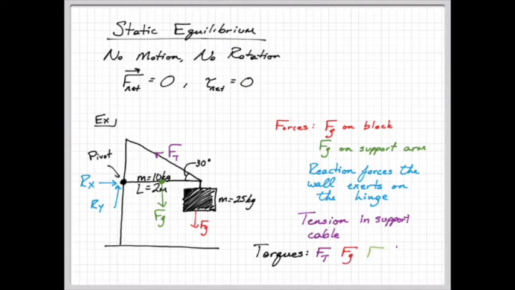And the gravity acting on the support arm will also cause torque. Each of these forces are acting some distance away from the hinge. Notice that the reaction forces will not cause torque. These are forces that specifically act on the hinge, and as we know, forces that act on the pivot point do not cause any torques.